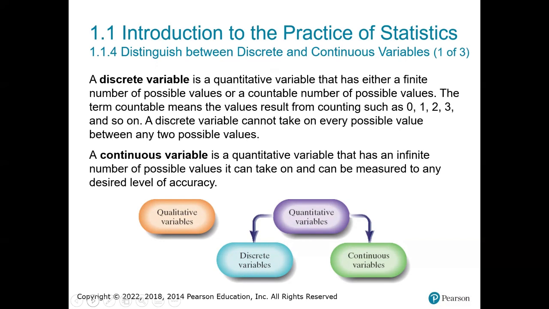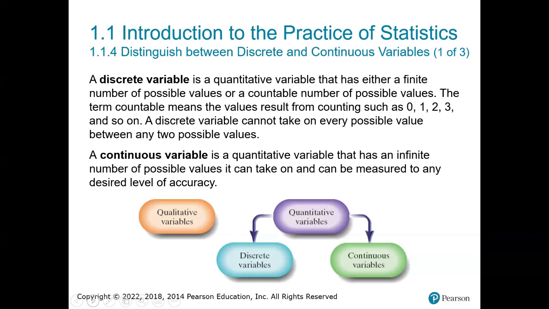Really specifically, I can count how many there are going to be. There are 5 of them, there are 2 of them. I can count them. A continuous variable is going to have an infinite number of possible values, and it can take on any level of accuracy.